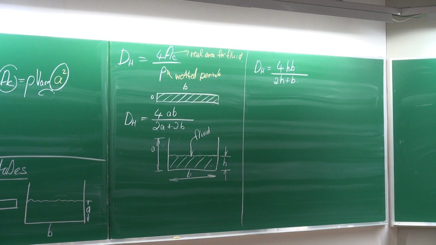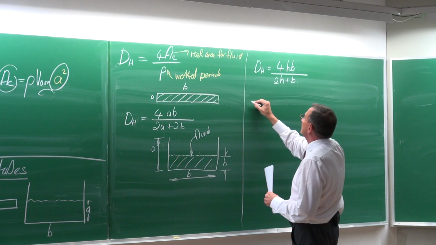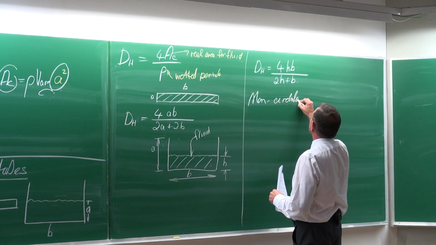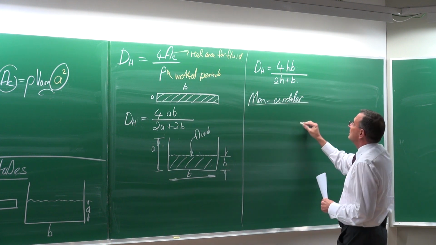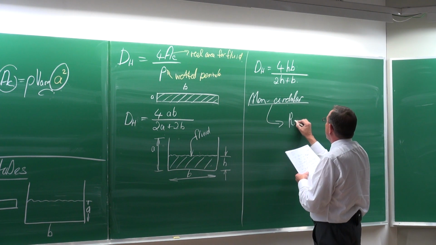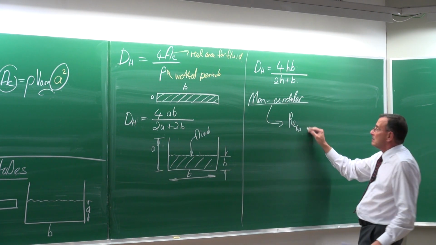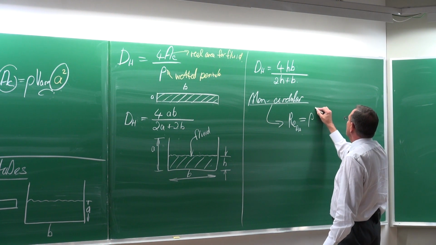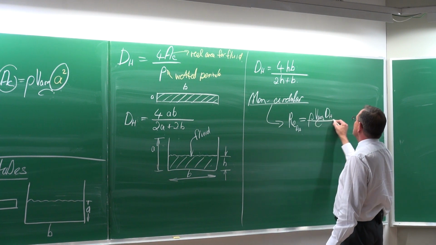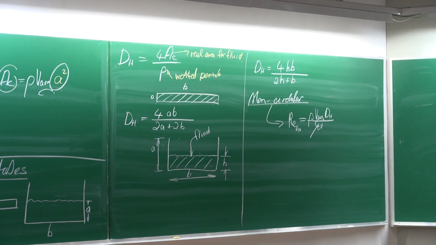That's easy. Why is this hydraulic diameter important? Because we are busy with non-circular types of geometries. So for non-circular, we always work with the Reynolds number based on the hydraulic diameter, which is equal to rho V average multiplied by dH, the hydraulic diameter, divided by the viscosity.